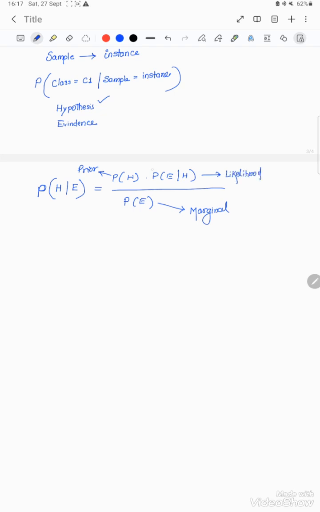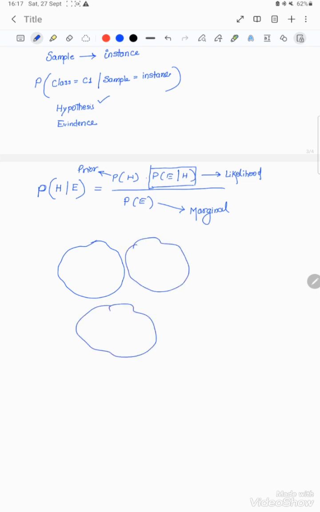So why is this called likelihood? As I mentioned before, imagine that the hypothesis is some kind of bags: this is bag 1, this is bag 2 and this is bag 3. Let us assume you have 3 different classes and the samples are scattered, discrete samples. This is class 1 C1, this is class 2 and this is class 3.